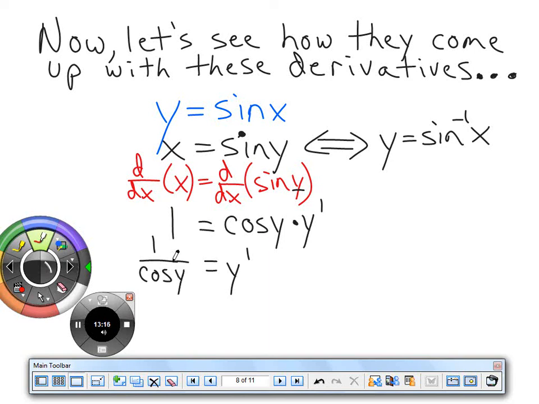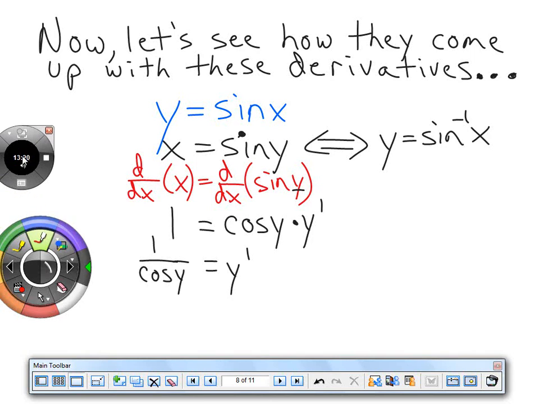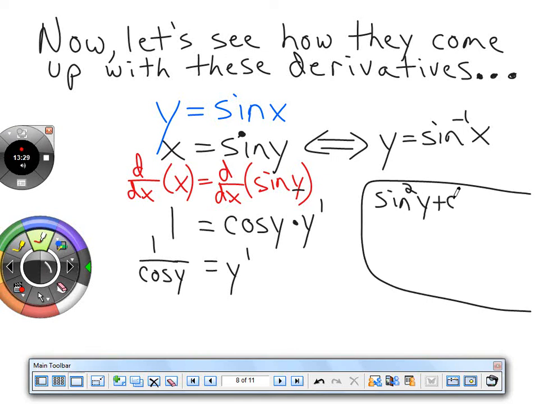Now that doesn't look like the derivative from that chart. But what you can do is remember your trig, and remember my Pythagorean identities. Sine squared y plus cosine squared y equals 1. And I'm going to try to isolate the cosine. So I've got cosine squared y equals 1 minus sine squared y. And then I can take the square root of both sides.